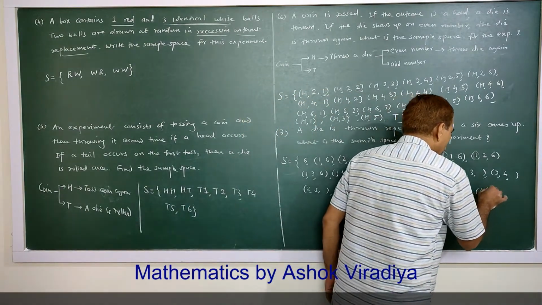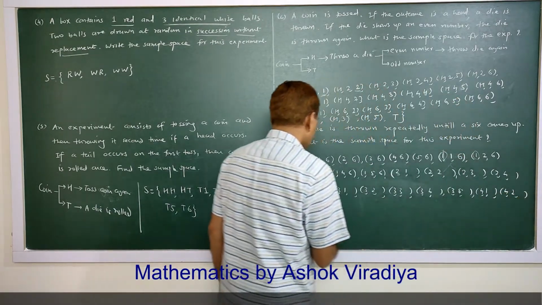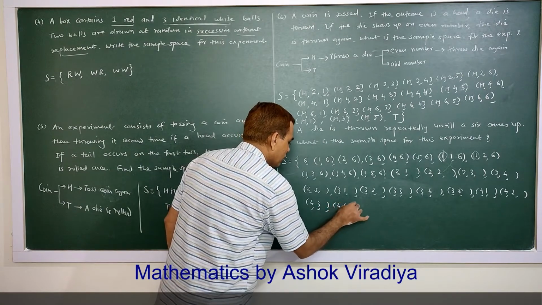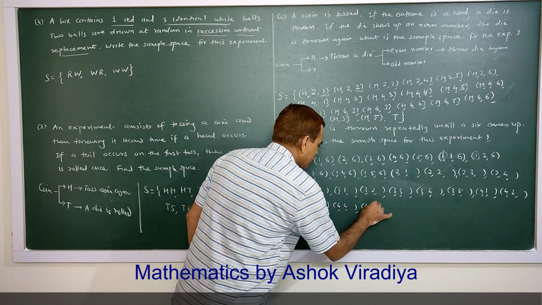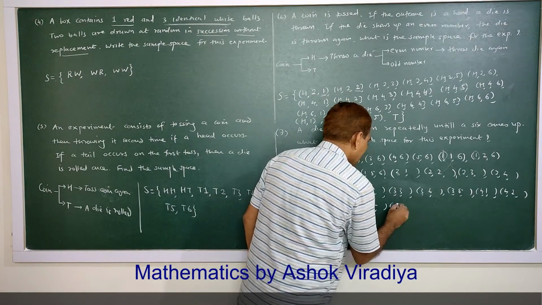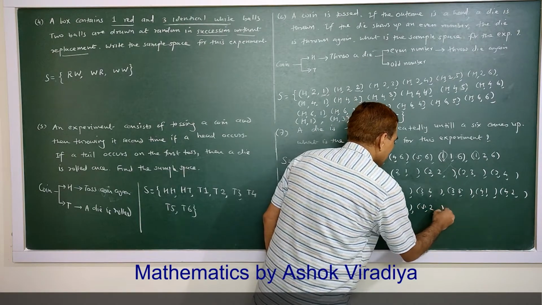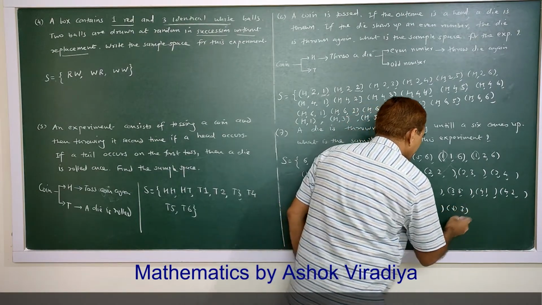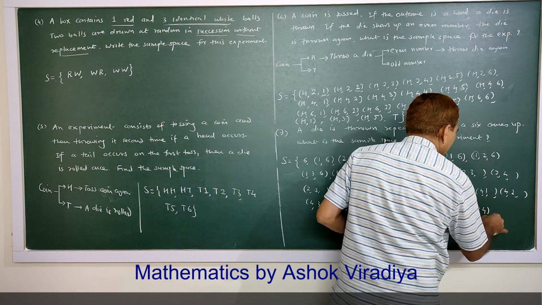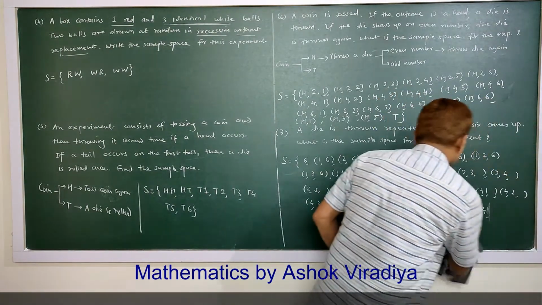Then 4, 1, 4, 2, 4, 3, 4, 4, 4, 5. Then 5, 1, 5, 2, 5, 3, 5, 4, 5, 5. Leave space for 6.